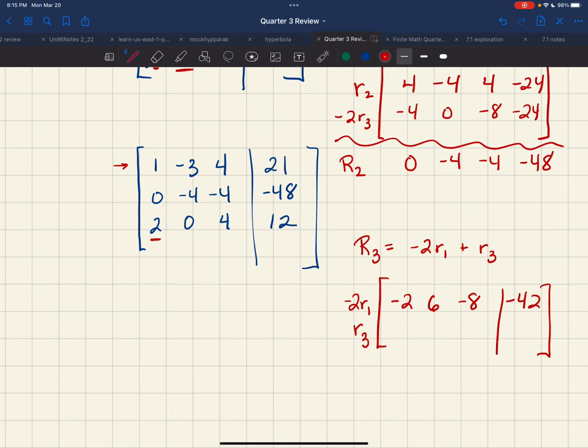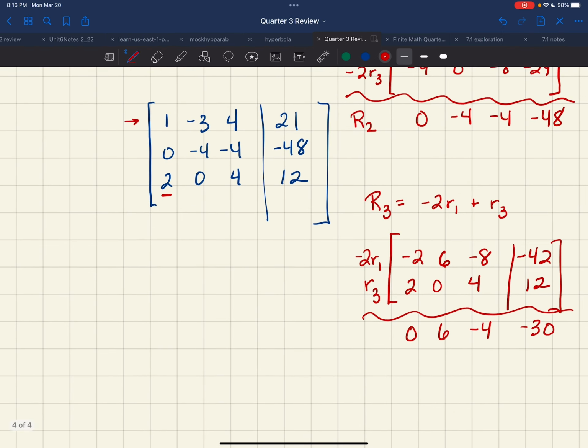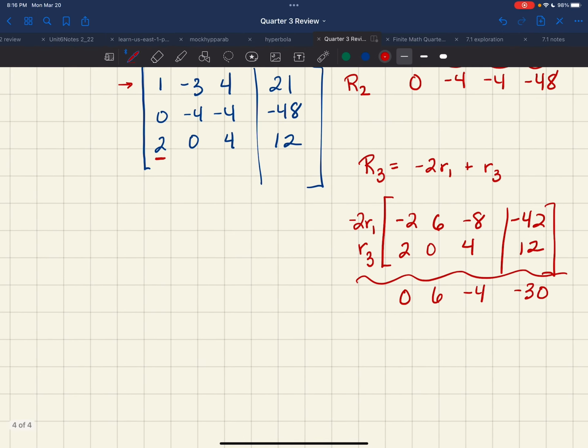And then R3 is 2, 0, 4, 12. And when I add them, I get 0, 6, negative 4, and negative 30. Okay, so now my new matrix, let me stick this in blue because it's going to be a full matrix.